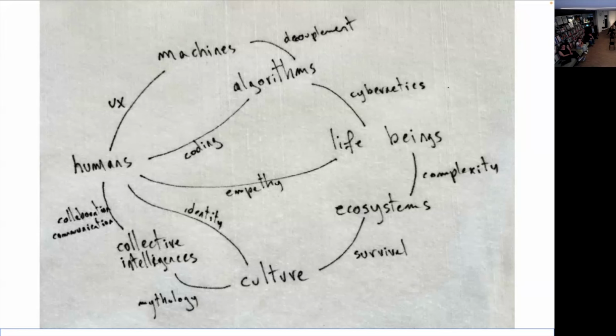That's an interesting relationship. So actually, the weakest relationship is here. Even if these two are the most technological, they have the weakest connection. Algorithms and live beings, cybernetics; humans and live beings, empathy, hopefully; collaboration and communication is what connects this.